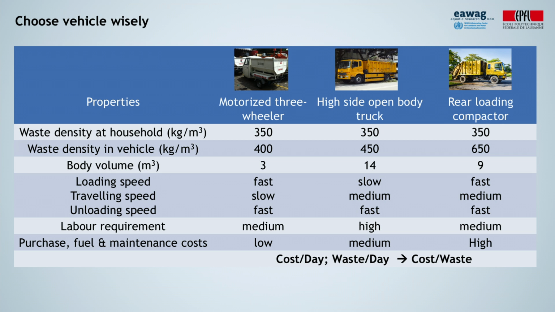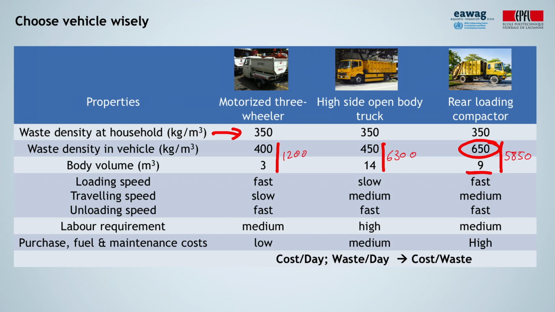This table shows a comparison of different vehicle types, starting off with a density of 350 kilograms per cubic meter. You can see that the compactor increases the density, but on the other hand, it has less body volume because a part of the volume is taken up by the machinery. So now, if you multiply body volume by density, what you get is 6,300 for the open body truck, and 5,850 for the compactor truck.